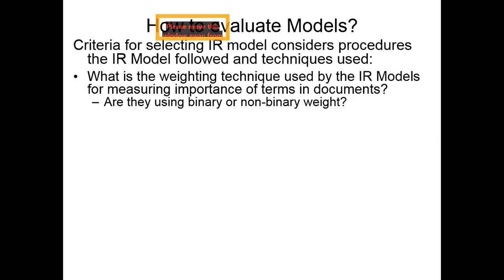As the frequency of the word in a given document increases, the importance of the term or the word increases. But at the same time, we have to see also, as the frequency of the word across the document collection increases, does the importance of the term increase or decrease? Decrease. Because if the word is appearing in most of the documents, that means what?